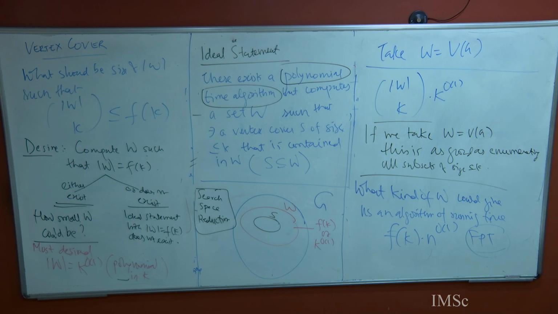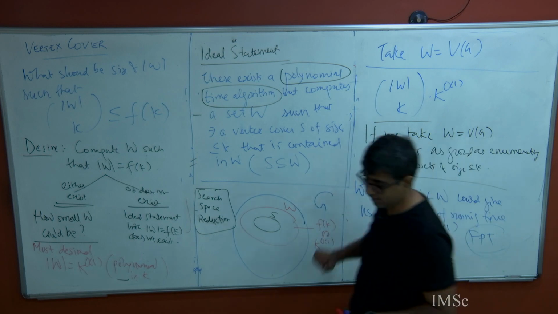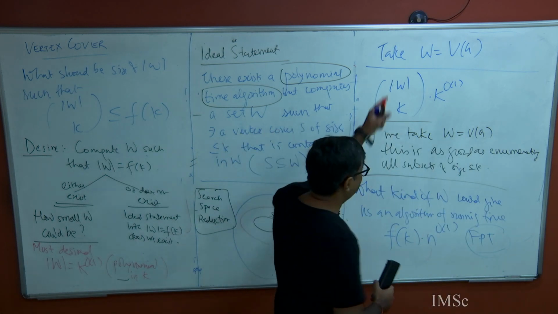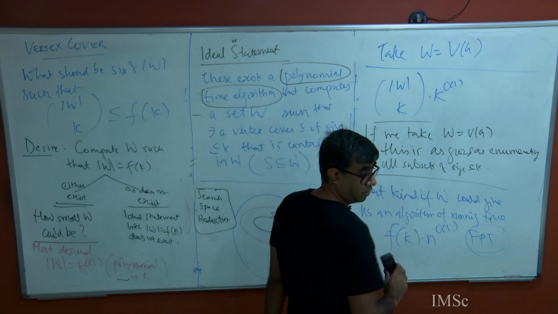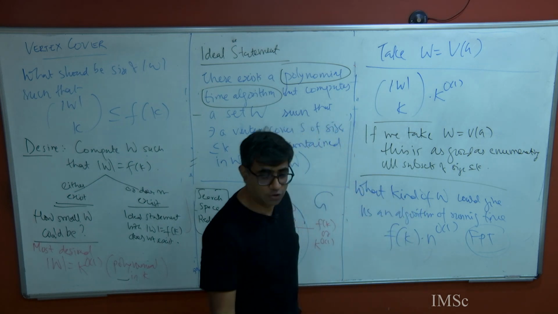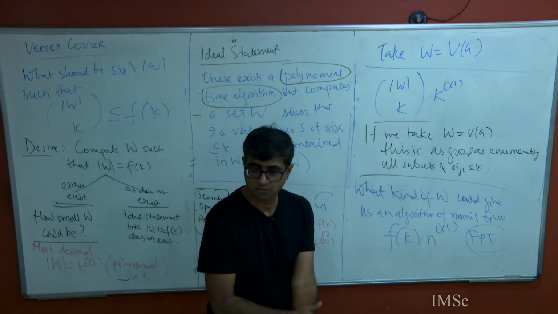If we can reduce the search space to something more meaningful, and meaningful will change with the context, in our context it is some set of objects whose size is bounded by a function of k, where we want to do our brute force or exhaustive search. Let us try to prove this ideal statement for vertex cover. Is the strategy, idea, goal clear to everybody?